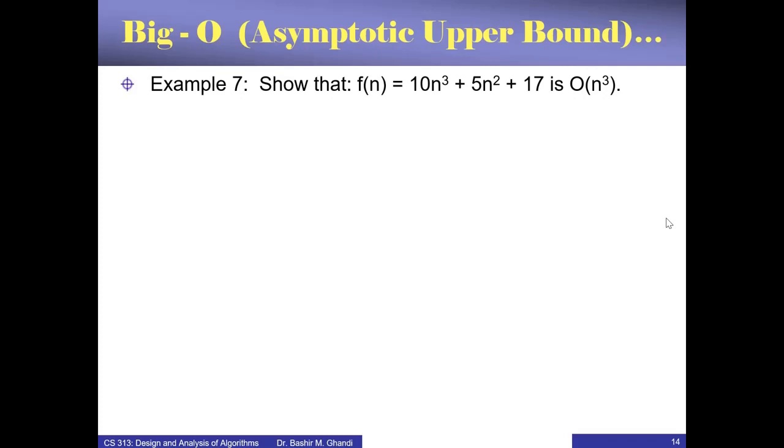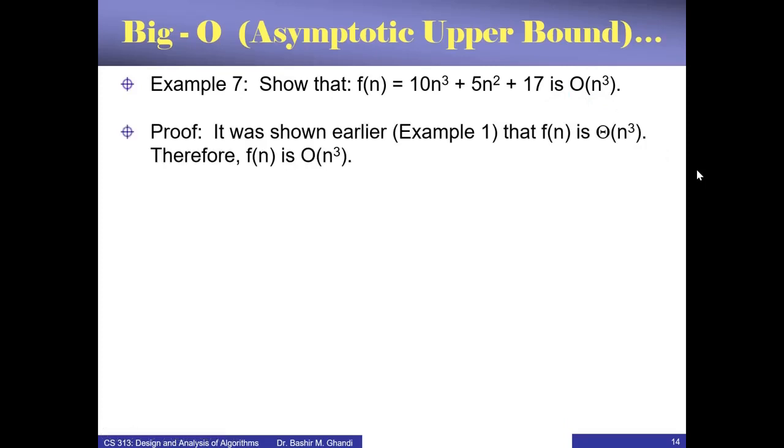Now if you look closely, this is exactly the same first example that we considered for the Big-Theta. We said at that time that Fn is theta of n cubed. So we are now saying it is also big O of n cubed.